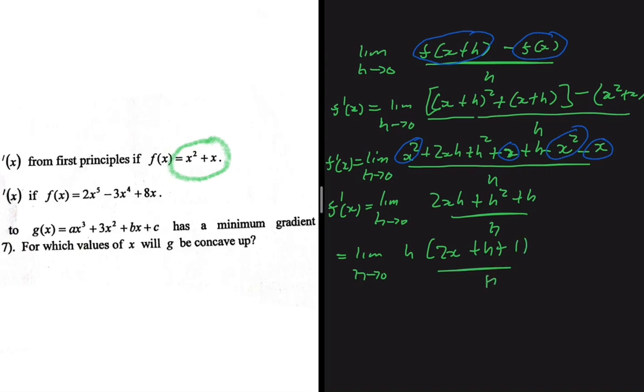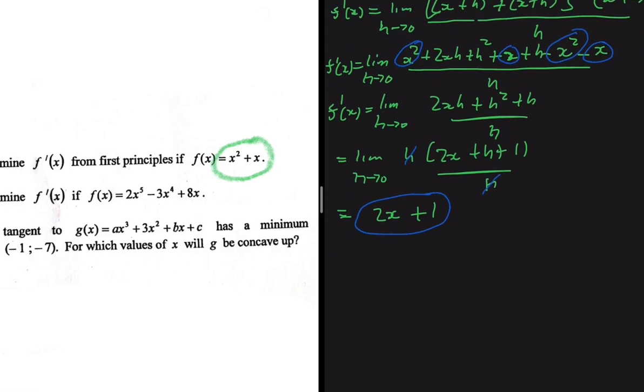We just took h as a common factor. It's easy to see now that h in the denominator will cancel out with h on the numerator. So now we're just left with 2x plus 1. And that's exactly what we're expecting, because if you differentiate x squared plus x using the power rule, you expect to get 2x plus 1.